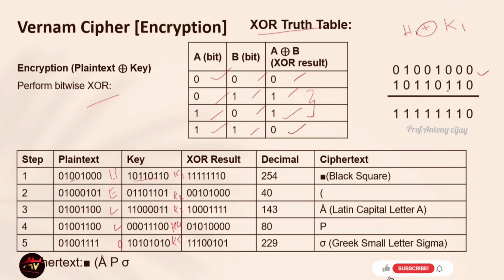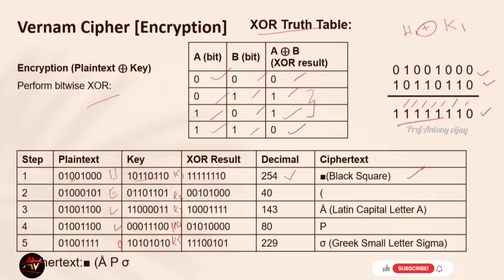Now we apply the XOR rule. 0 0 is 0, 0 1 is 1, and so on. The result is 1 1 1 1 1 1 1 0, which is the value 254. The ASCII value for 254 is a black square.